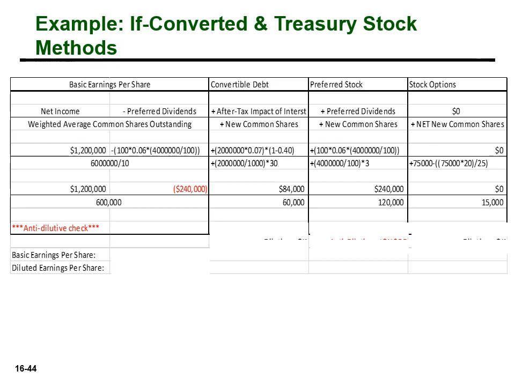And how you would do that is you would do the basic earnings per share plus that one little area, either of the three options, but only one at a time. What I mean is, for convertible debt, for example, your anti-dilutive check is you would do your $1.2 million net income, minus preferred dividends of $240,000, add back the convertible debt interest of $84,000, and you would divide it by the total of your weighted average shares outstanding for common, 600,000, plus the 60,000 new shares you're creating under convertible debt.